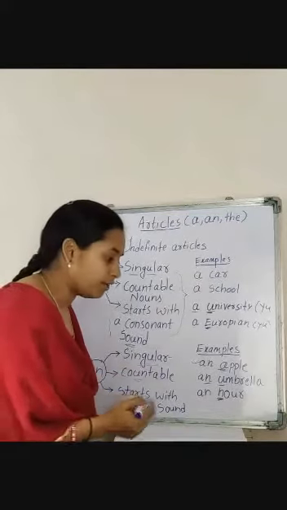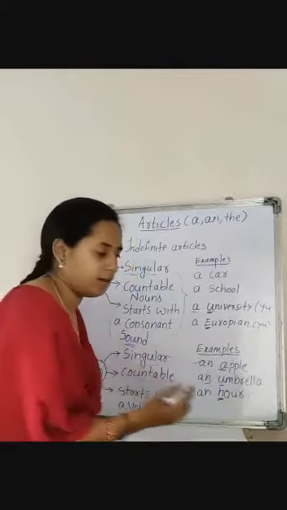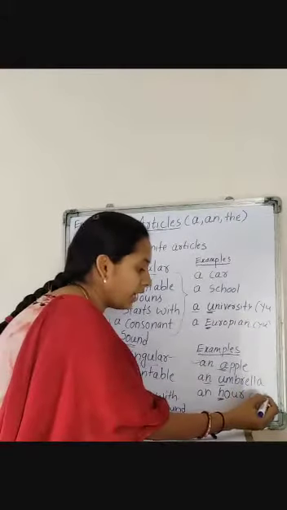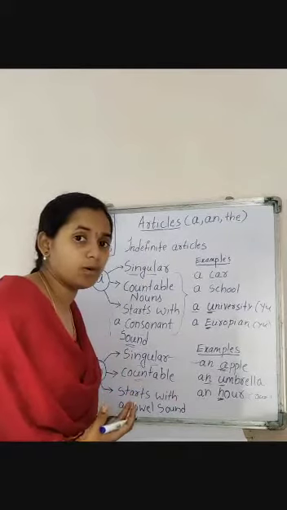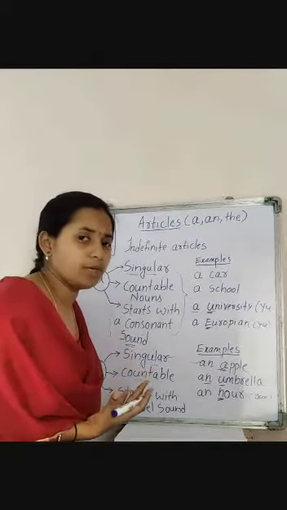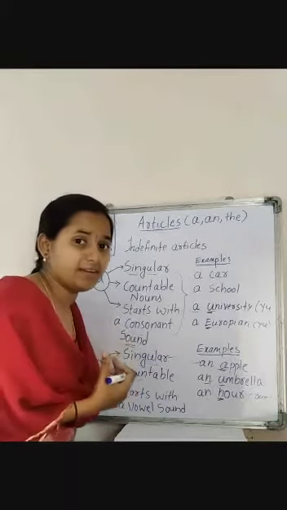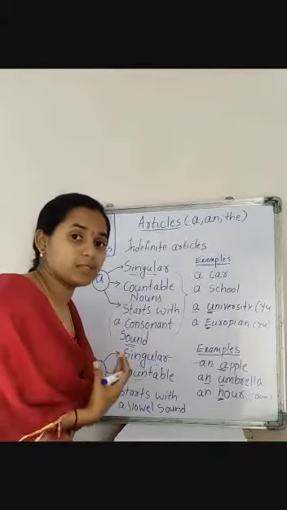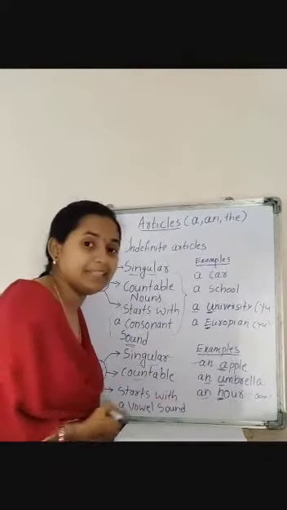Because in hour, H is silent, and it is pronounced like 'hour'. When we pronounce the word, we use a vowel sound. We are not saying H there, H is silent, and the pronunciation begins with a vowel sound. So that's why we are using an here.